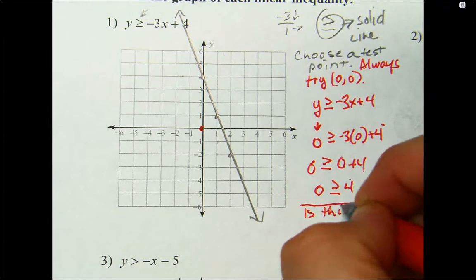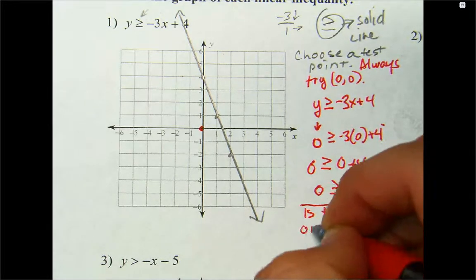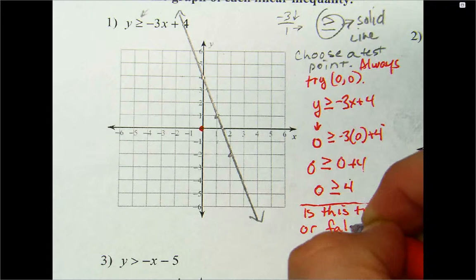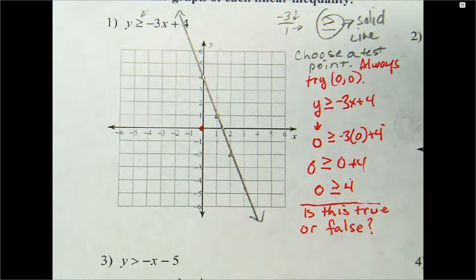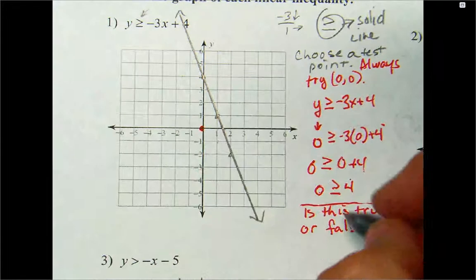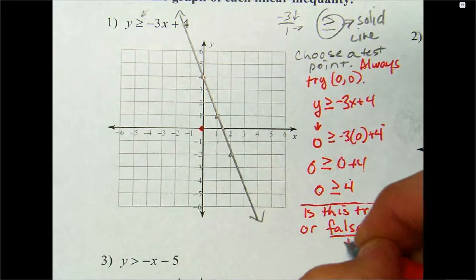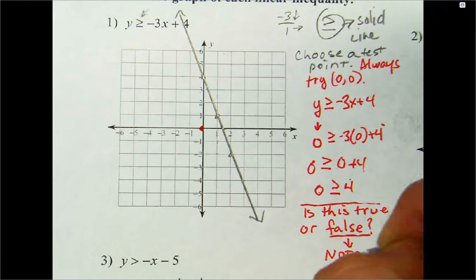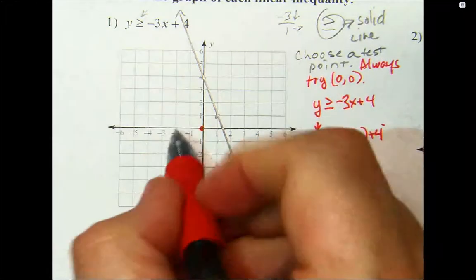Is this true or false? This is the big thing. We have to decide if it's true or false. In this case, it's false. So since it's false, it's not a solution.